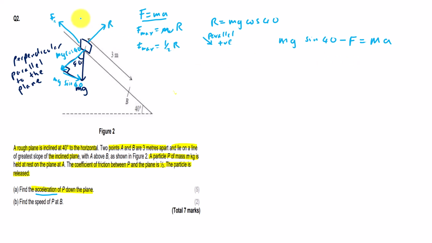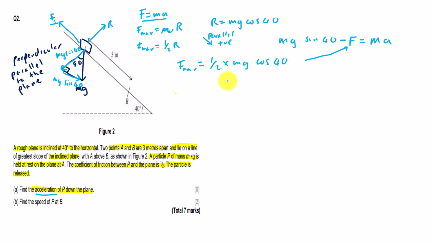Now our friction here will hit F max when it's sliding down the plane. That's what we've got to work out. So our F max, or our friction, is going to equal mu, 1/2, times our R, which is our F here.